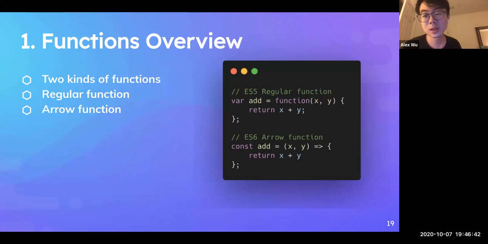Also, there's the arrow function. The arrow function is very similar to a lambda function, much more concise and easy to use. There are some subtle differences that we'll be covering in a second. Here is the syntax for an arrow function.